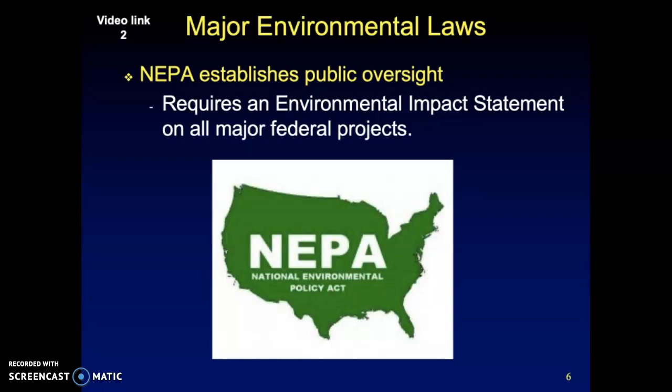Okay, let's present this to the public. We have to have a forum, allow the public to weigh in. Is this a problem? Does the public agree, disagree, etc.? So that is what NEPA is doing, allowing the public to be involved to a certain extent when we're doing federally funded projects, these big major federal projects.